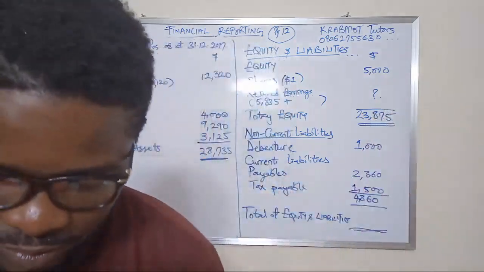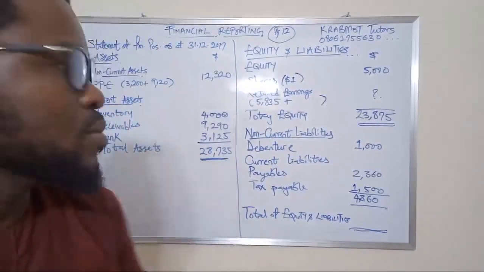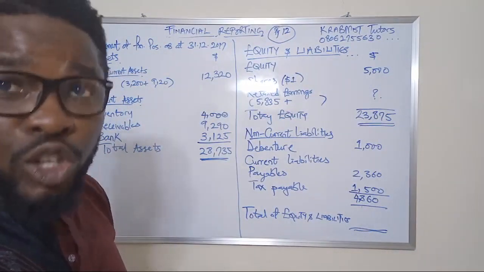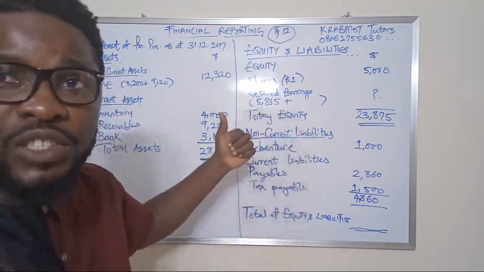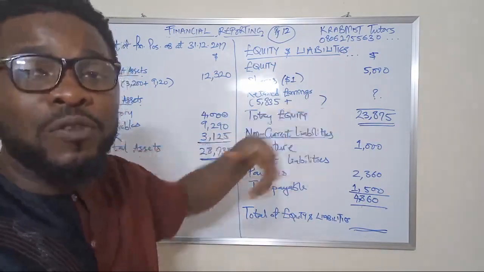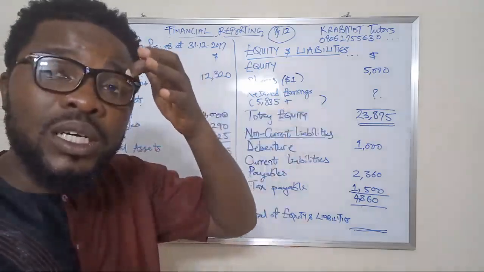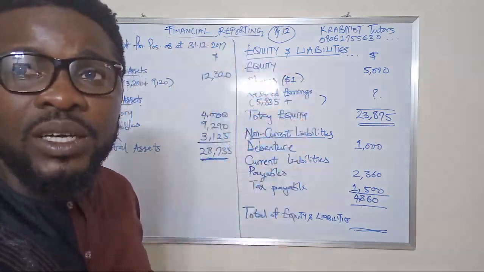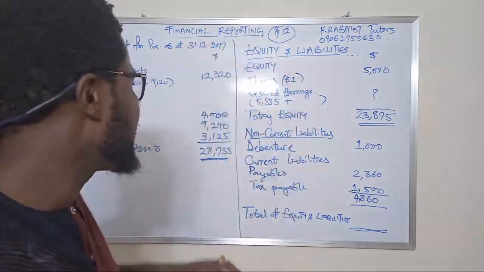Tell me you understand. Remember, the normal day we are supposed to do the profit and loss first, so that we will get the figure that will be here. But for now, we have done the statement of financial position first. So I want to use a trick which you can also use in the exam.